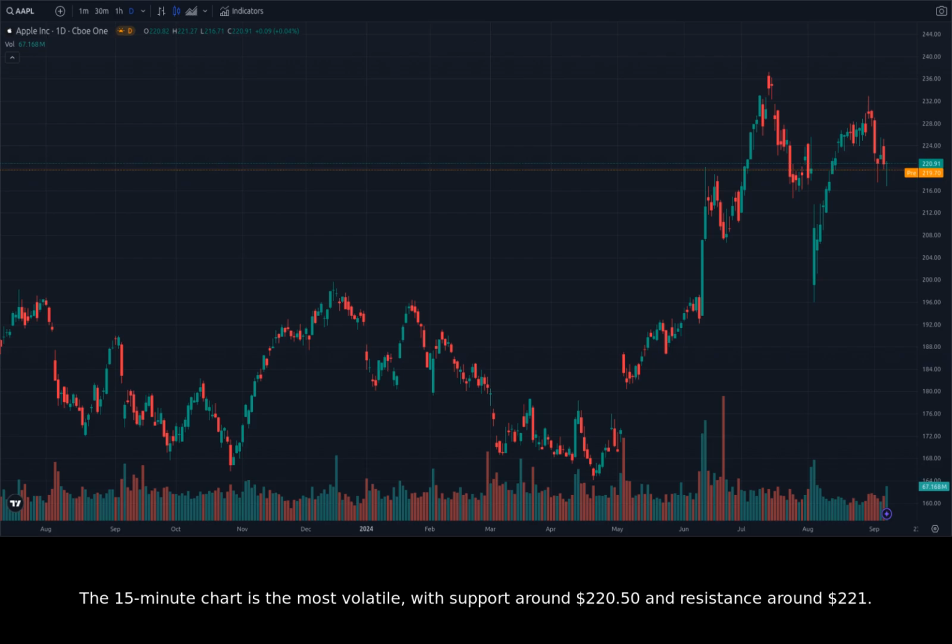The 15-minute chart is the most volatile, with support around $220.50 and resistance around $221. It's crucial to watch for high volume on a break above $221 or below $220.50 to confirm a change in momentum.